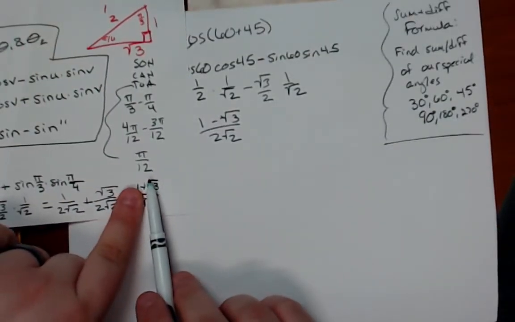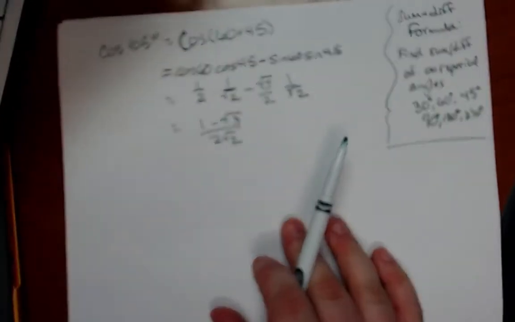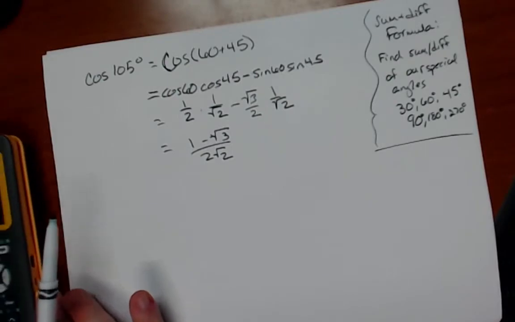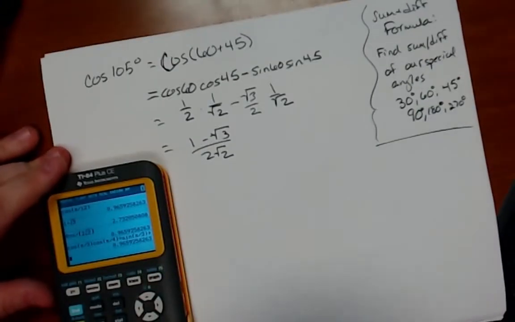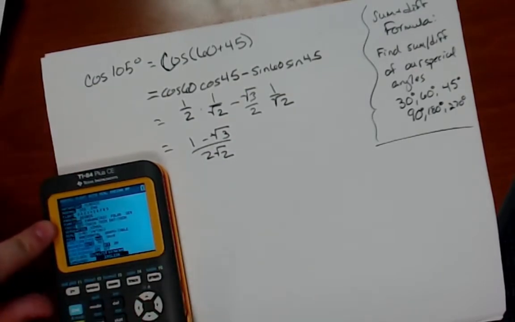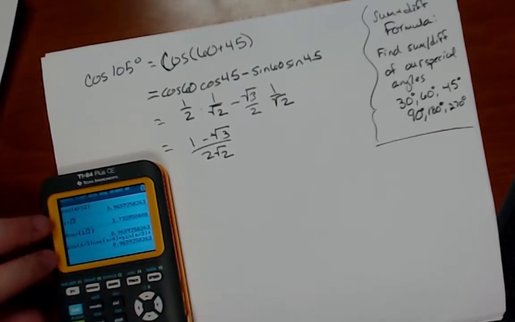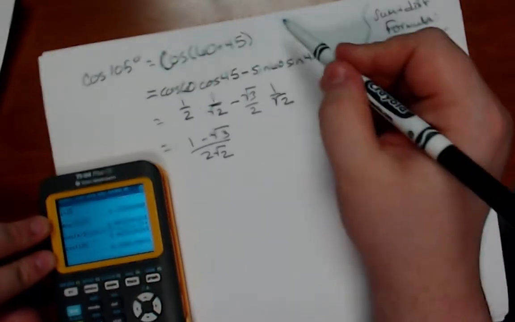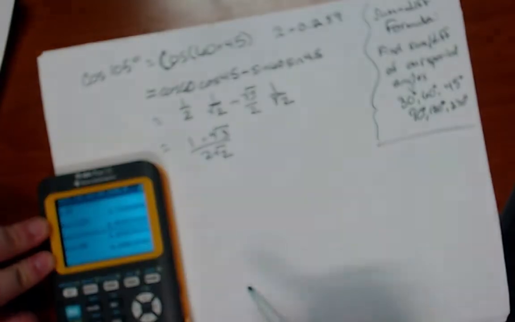Look at that. We had the same two values. That wasn't a mistake. But if we then go ahead, and now remember, if we want to work with degrees, notice at the top it says radian, so we go to mode, and switch radian to degree on our calculator. Now it says degree up top. I can do cosine of 105. It says it's about negative 0.259.